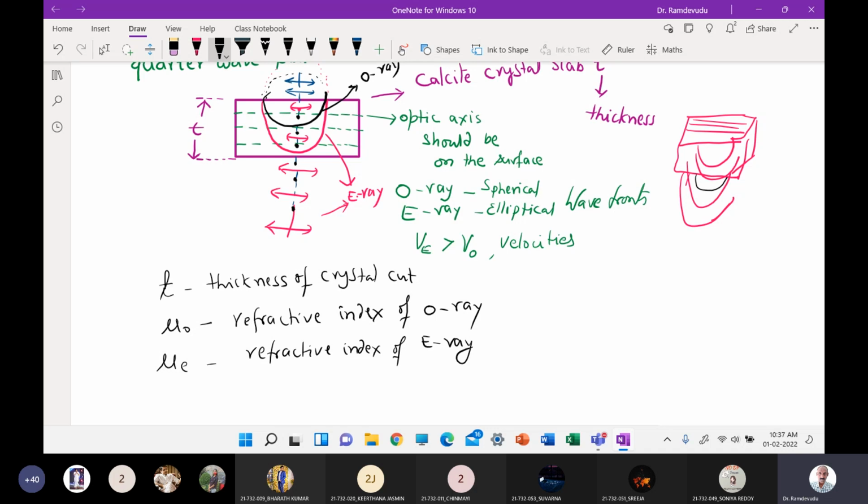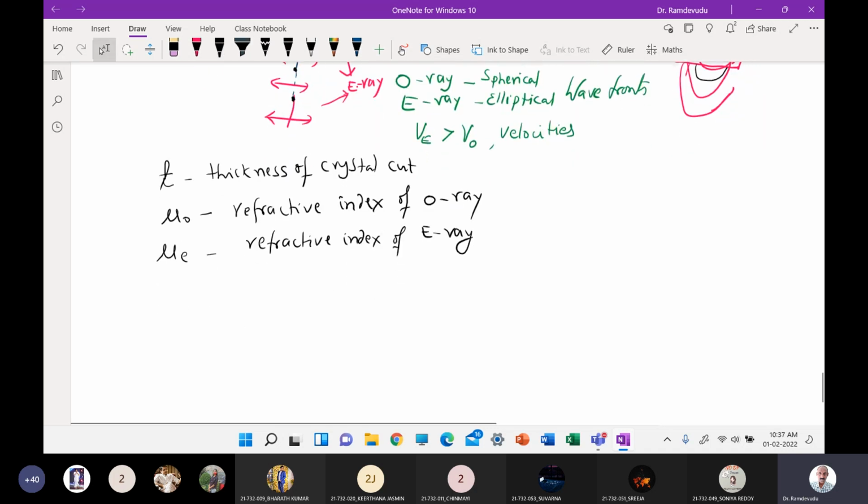You know that optical path difference is nothing but the physical thickness into the refractive index. Therefore, I write mu naught T, the refractive index of the O ray multiplied by T, and the difference, because the E ray is moving faster than the O ray, mu E into T. Why am I writing like this?